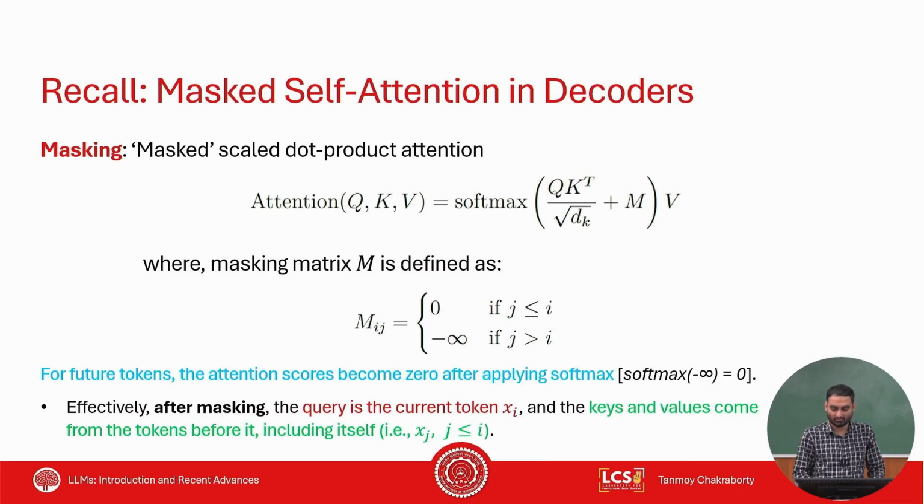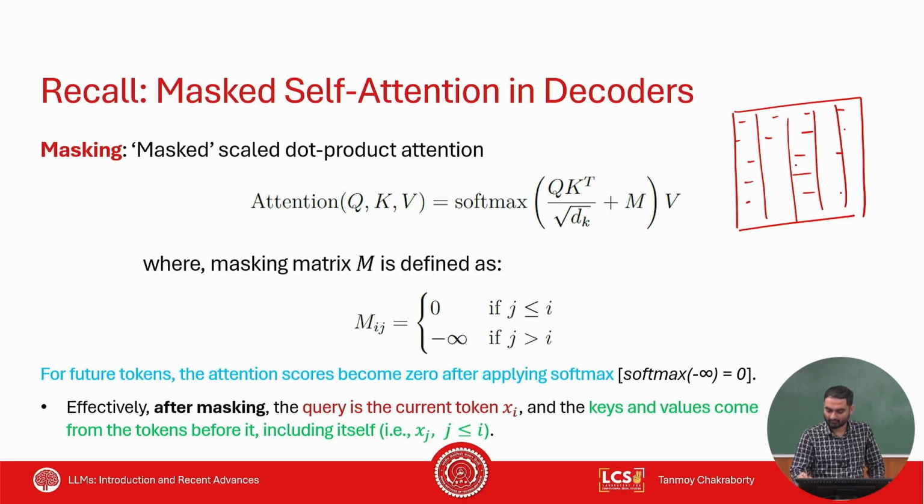In masked self attention, if you think of this matrix as an attention score matrix, you have these numbers. What you do is essentially mask the upper diagonal part of this matrix. And how do we do that?